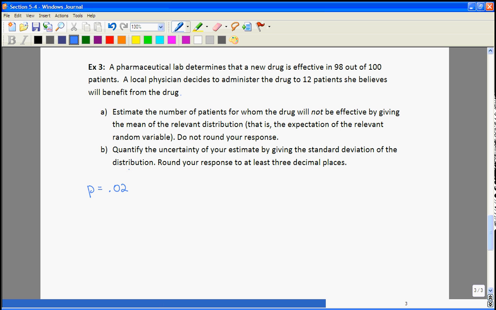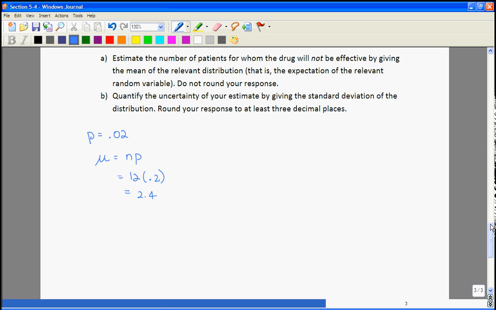So to find the expected value, or the mean, we would just say NP, which in this case there are 12 patients that are getting that drug, and the probability of it not being effective would be 0.2, which is 2.4. So out of 12 patients, on average, we expect it to not work with about 2 patients, 2.4.